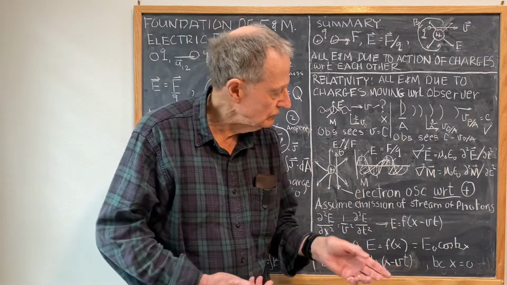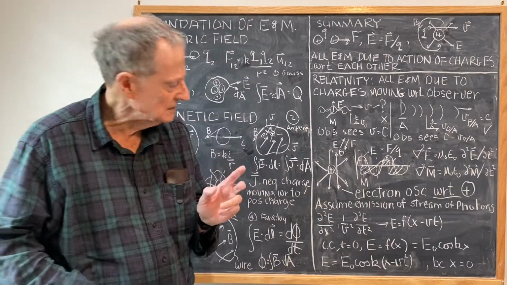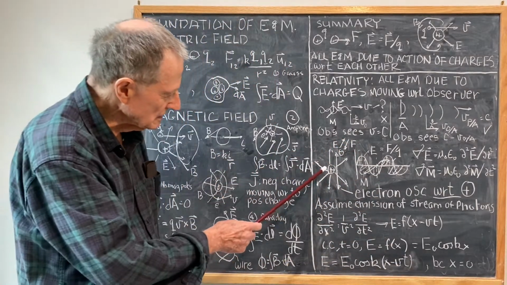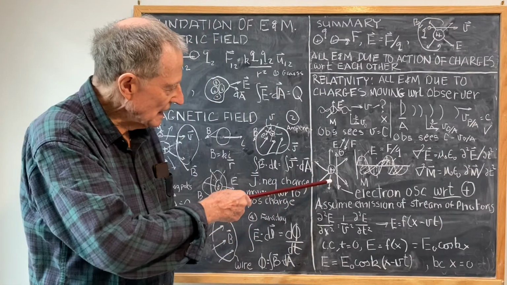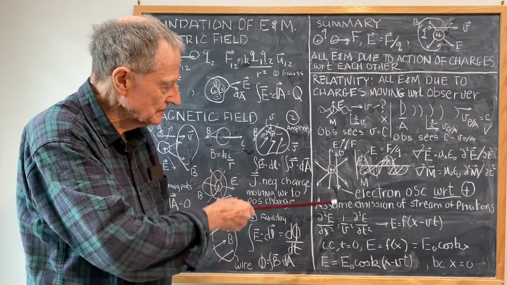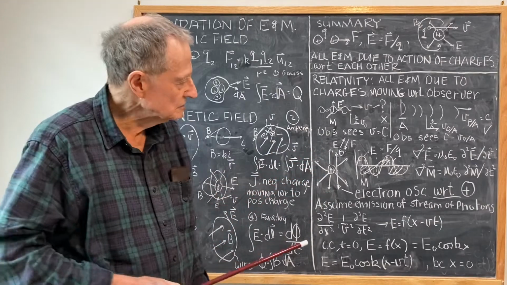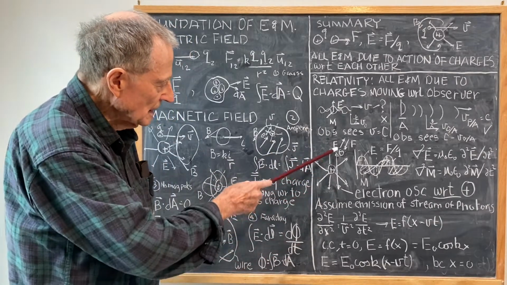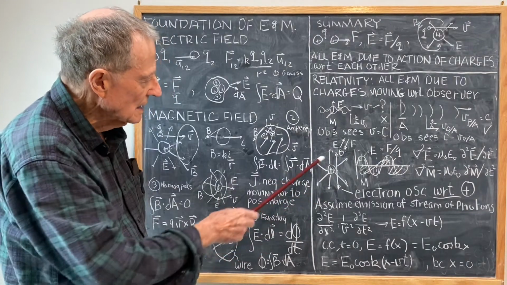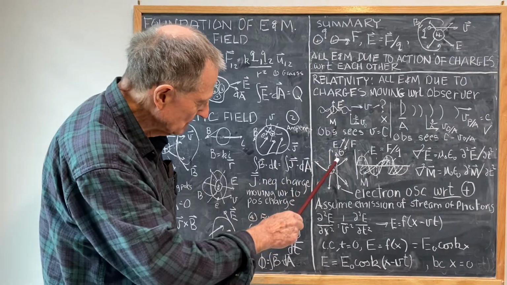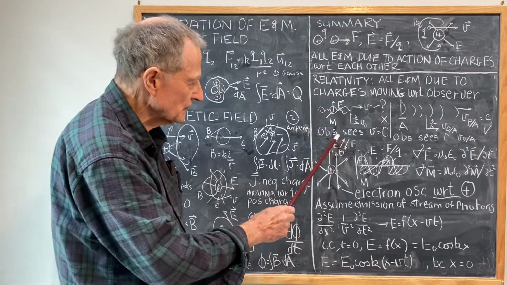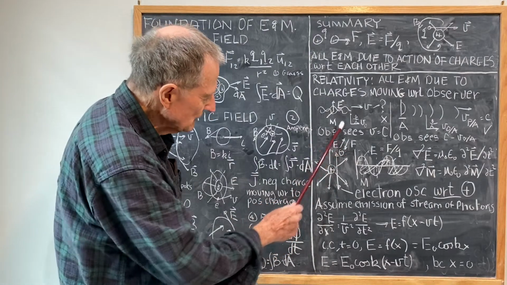And now I'll show a really nice example that occurred to me. Suppose I have a positive nucleus, and I have an electron oscillating up and down next to that nucleus. If that electron is oscillating up and down, at this point, if it's close, it has a force pointing toward the nucleus and an electric field F over Q pointing in that direction.